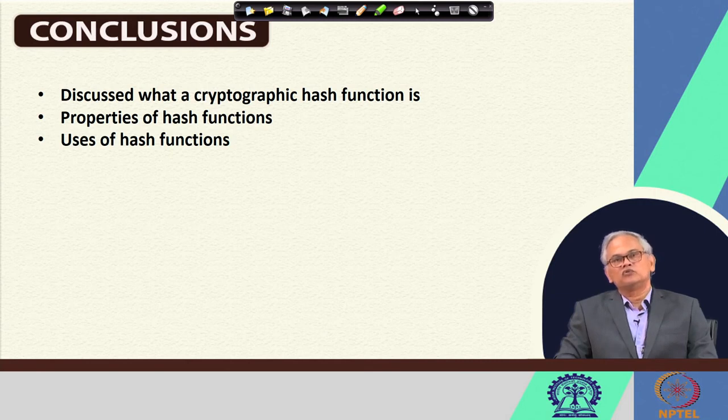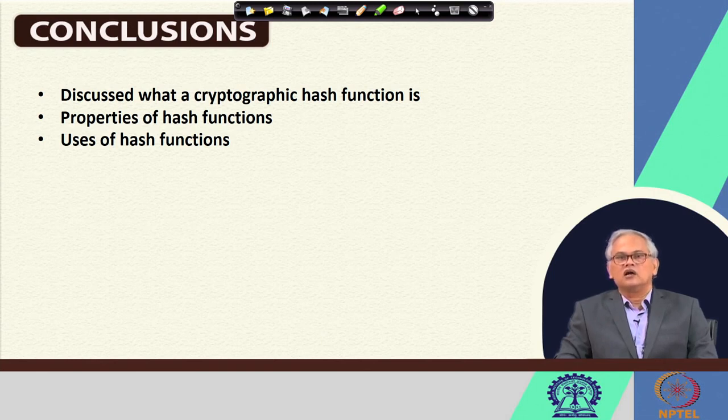So, these are some of the useful uses of hash functions, and later on we will see how these types of uses we have seen in a general context can be used in constructing blockchains in known blockchains like Bitcoin or Ethereum or other types of blockchain.